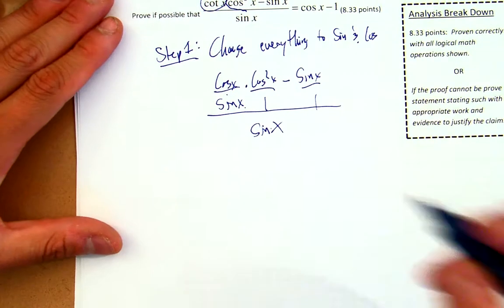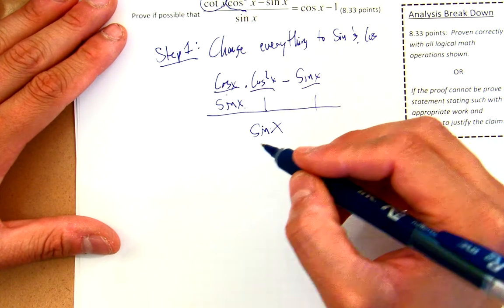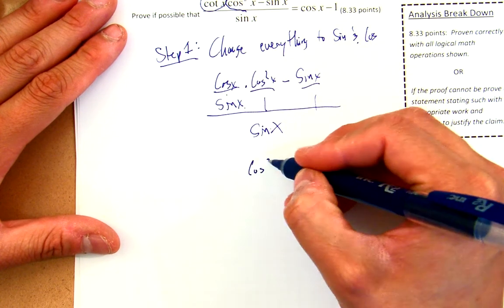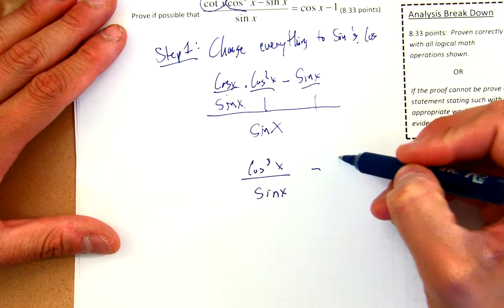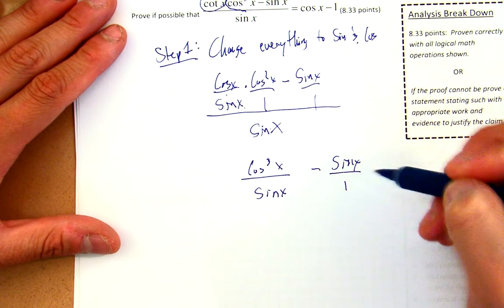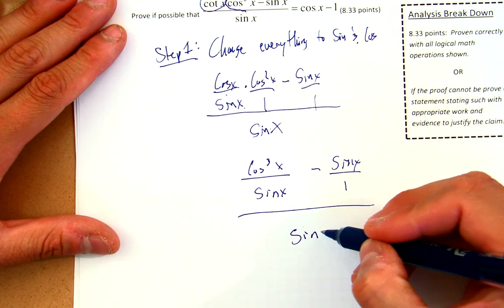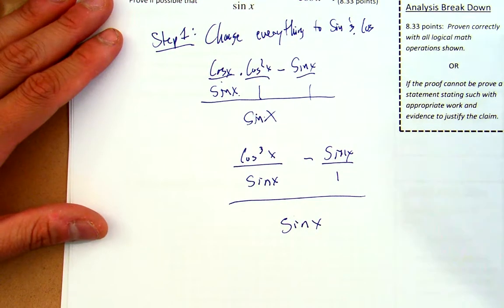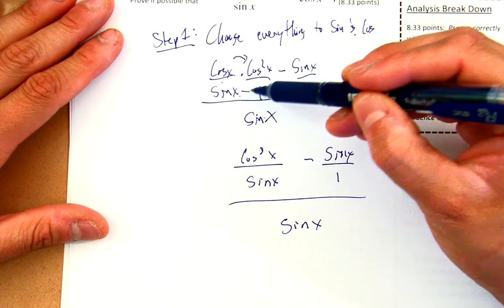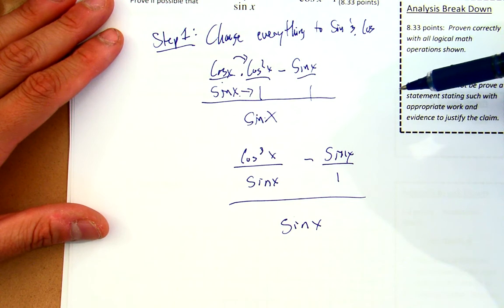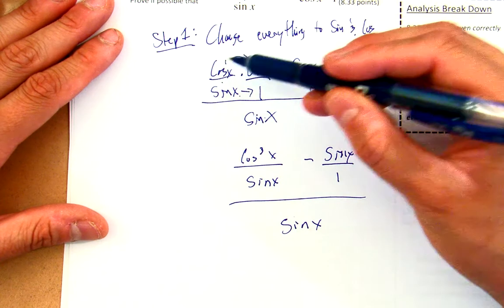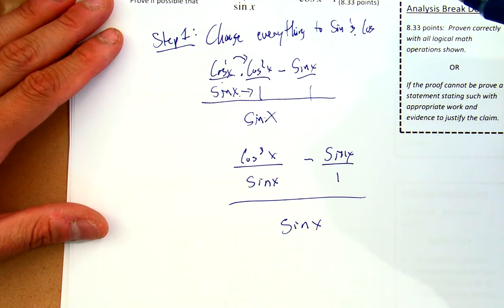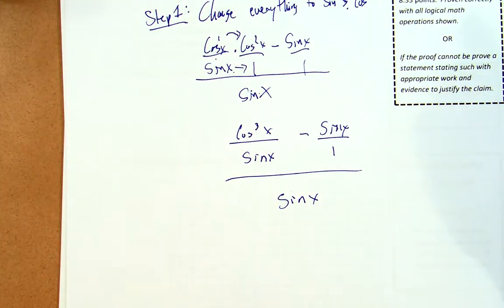What do we get? We get cosine cubed over sine minus sine over 1 all over sine. Is that true? You follow me? Why is it cubed? What's squared times a 1 is a cube, right? Right. Now, I still don't see anything.